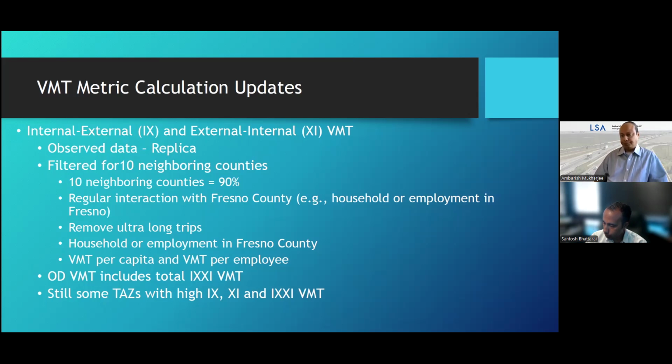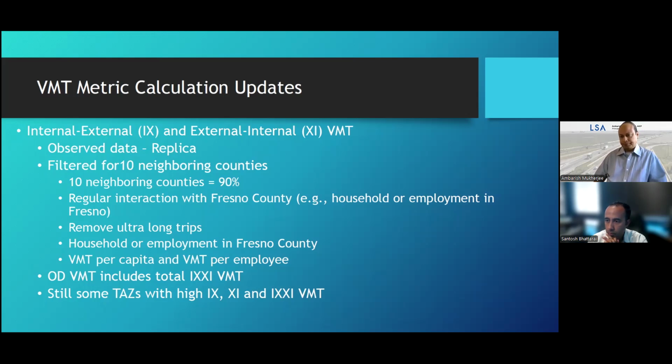The other thing we did, when we went through the actual VMT calculations, was this. If you remember, in the previous iteration we had IXXI VMT in OD format. We were not able to assign or disaggregate that OD VMT into household or employment side.